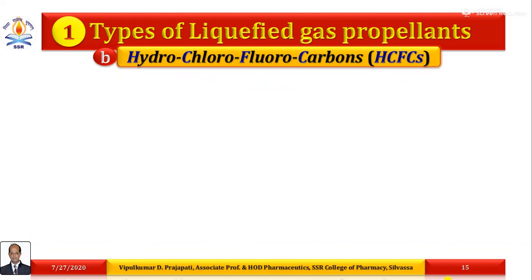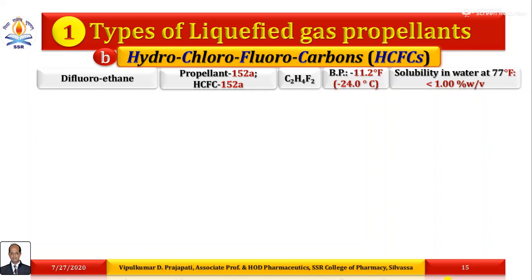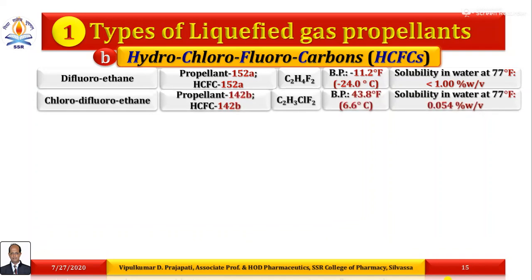Hydrochlorofluorocarbons, this is the second example of liquefied gas propellants. Example under this class: dichloroethane, numerically designated as propellant 152A. Chlorodifluoroethane, known as propellant 142B.